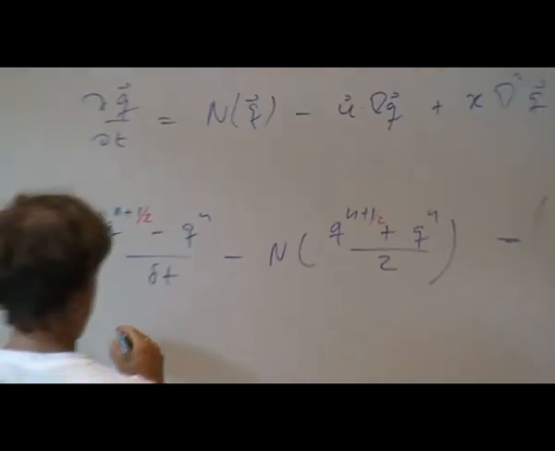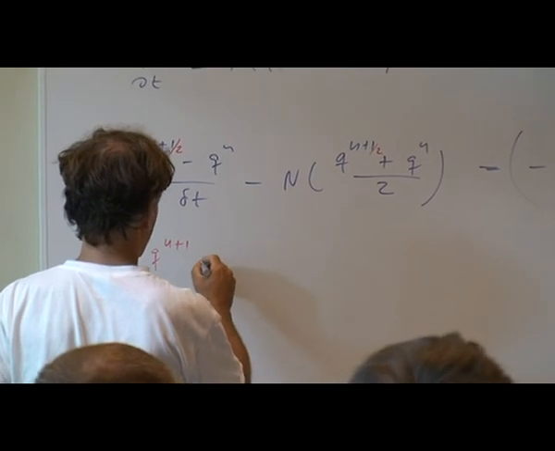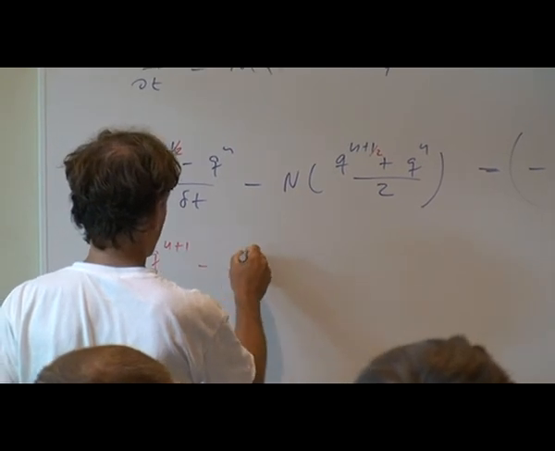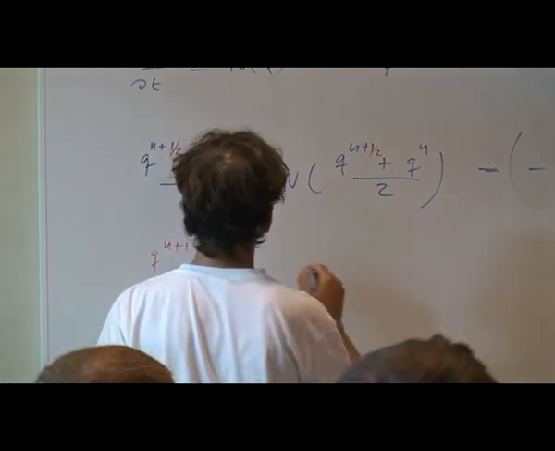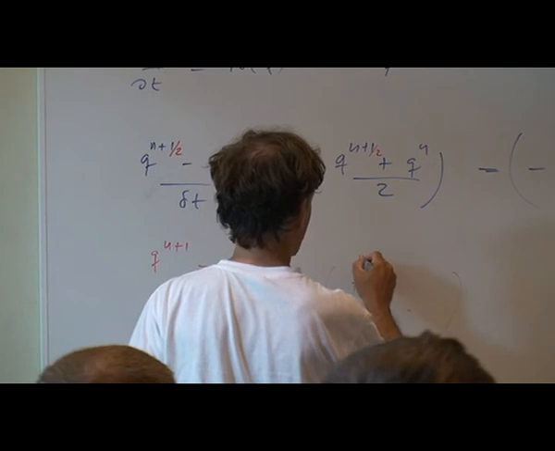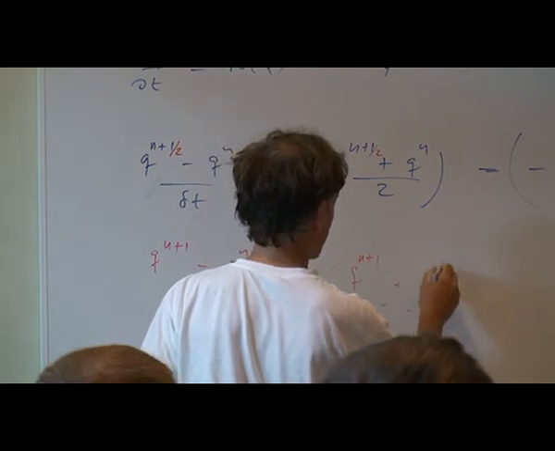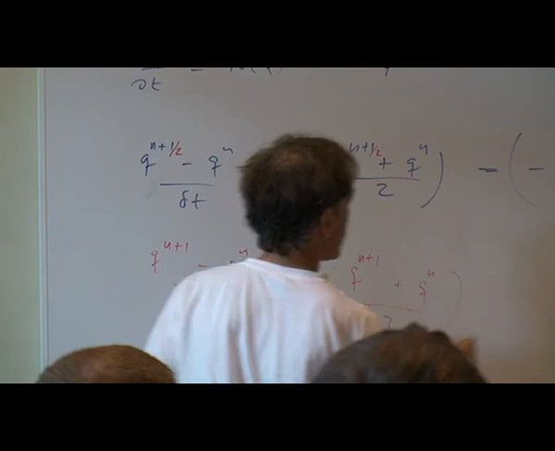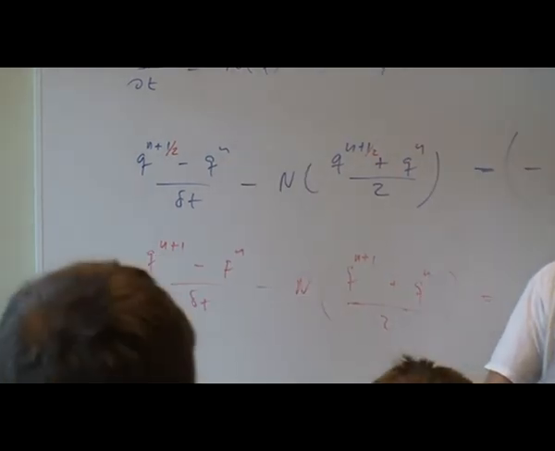And then the next step we say Q of n plus 1 minus Q of n divided by delta t minus, of course, what's it minus? Yes. And then we have here Q of n plus 1 plus Q of n by 2 is equal to, and then here the same thing, but then at n plus 1/2.